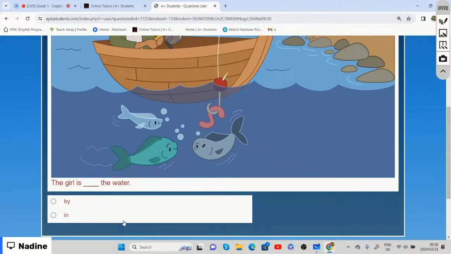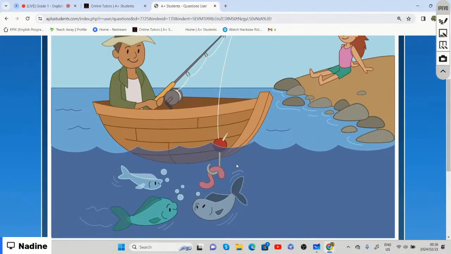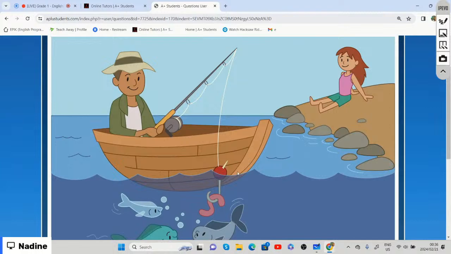But is she by the water or is she in the water?